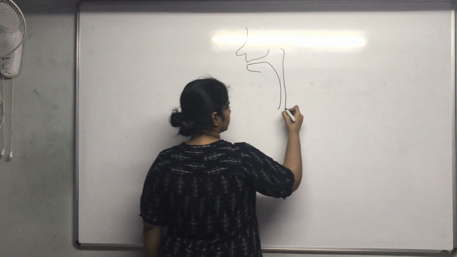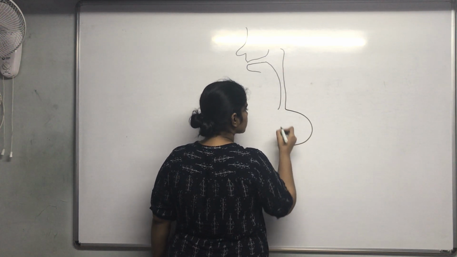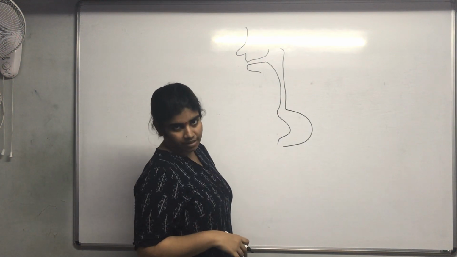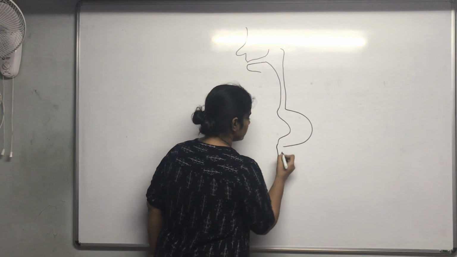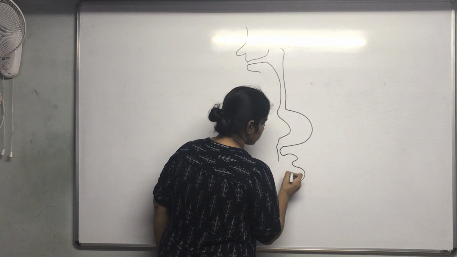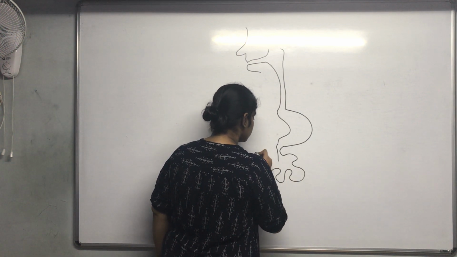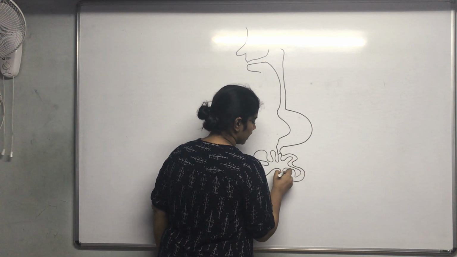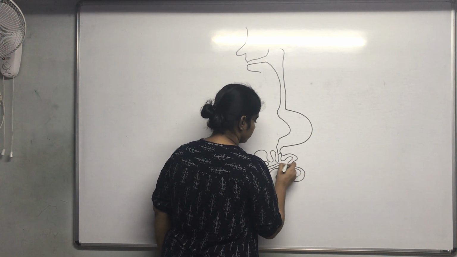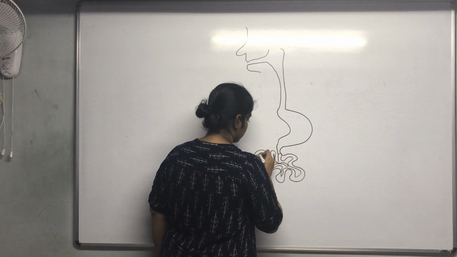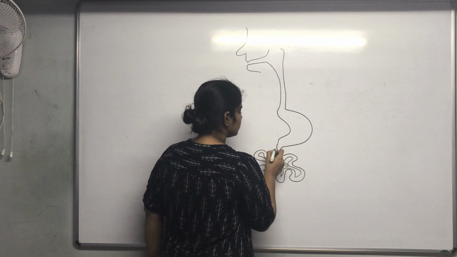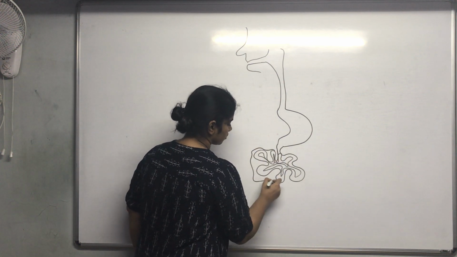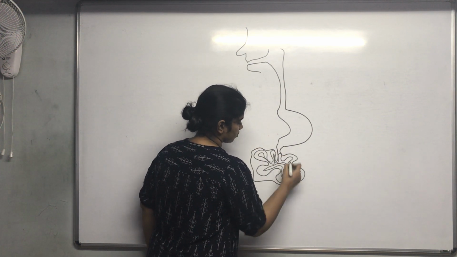Now this esophagus then bulges out into a structure which is at the left of your body. This is often known as the stomach. Now this stomach will turn into a coiled tubular structure. Of course, you will get a better view of the diagram in the textbook than what I am drawing here. Okay, a coiled tubular structure, which opens into a large tubular structure.